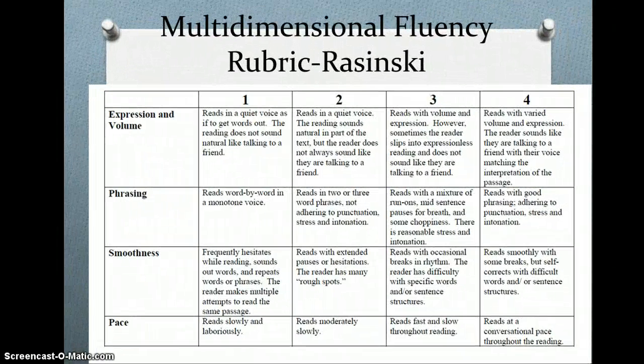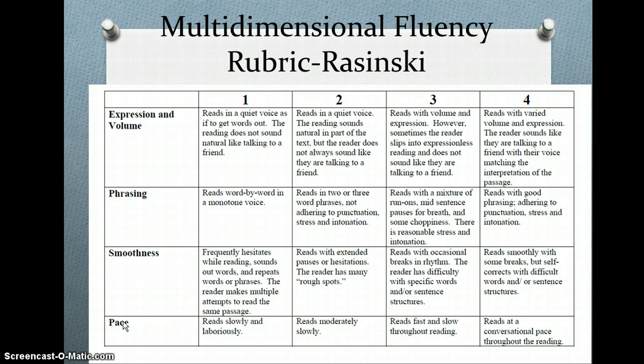Let's now take a look at Rosinski's multidimensional fluency rubric, which I like because it's not a holistic score, but it gives you an analytical score in relation to these different components: expression and volume, phrasing, smoothness, and pace.